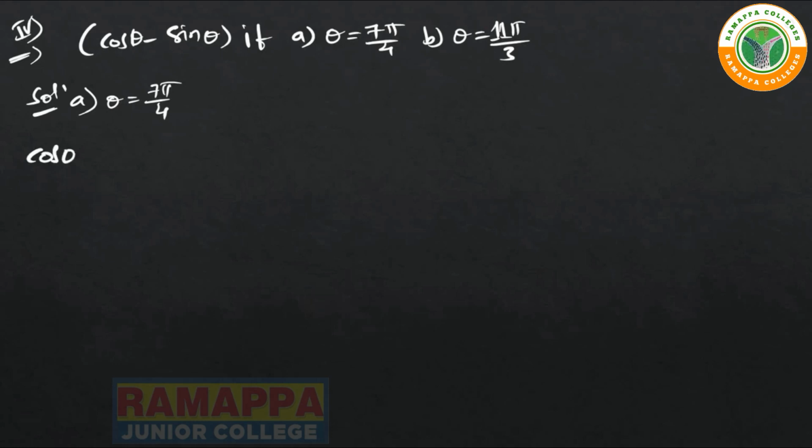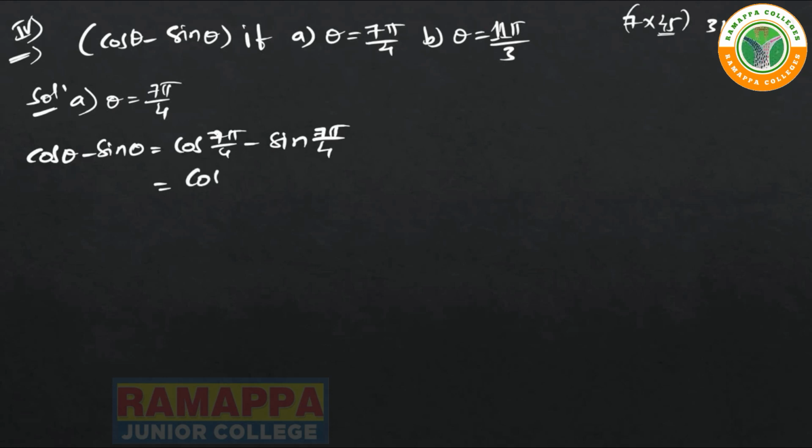Cos theta minus sin theta is equal to cos of 7 pi by 4 minus sin of 7 pi by 4. 7 pi by 4 means 7 into 45, which is 315. So cos of 315 minus sin of 315.